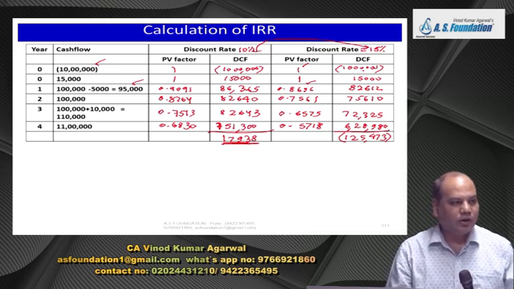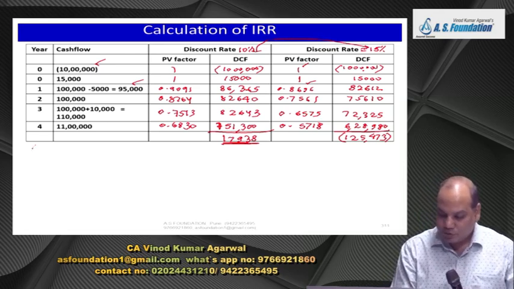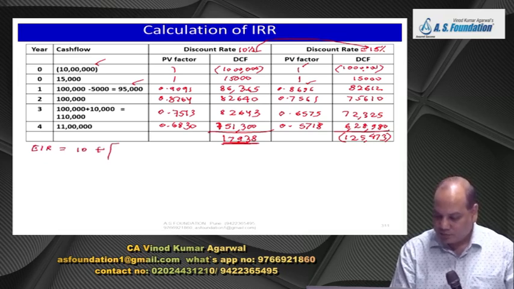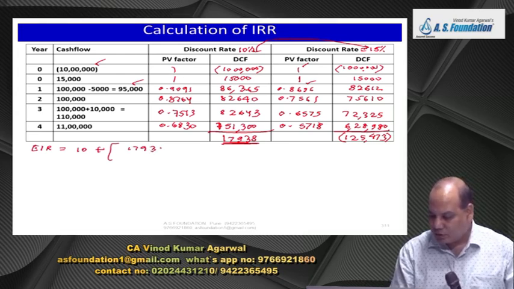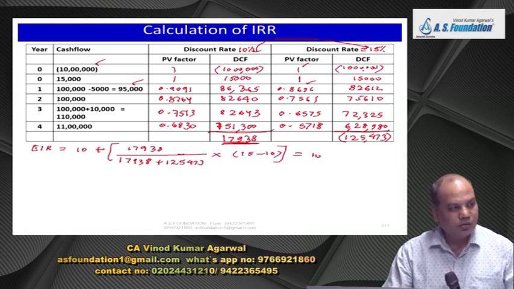Because if it would have been 0, that would have been the answer. 0 would be somewhere between these two numbers. So now write down EIR equal to 10 plus your NPV at 10%, 17,938, upon change in NPV, 17,938 plus 25,473, into change in discount rate 15 minus 10, 10.625%.